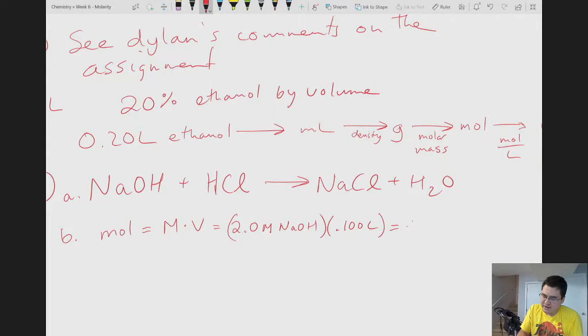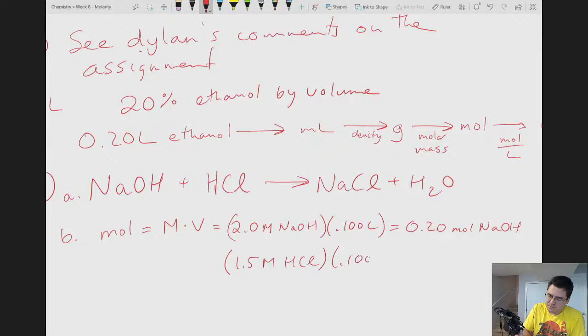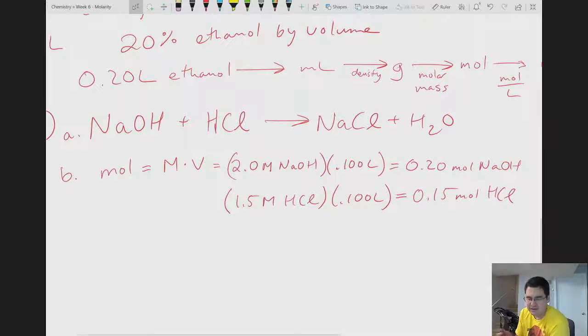So I multiply it, I have 0.2 moles NaOH, and I do the same kind of thing for HCl. This time it's a little less concentrated. So that comes out to 0.15 moles HCl. Okay, so that's how many moles I have in both of my solutions.